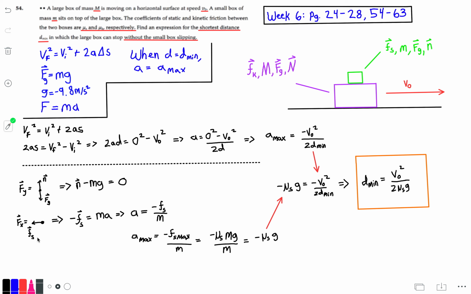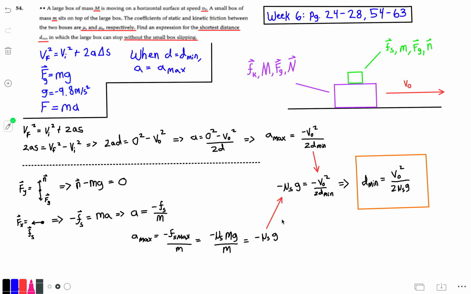In the x direction, we have only the static force of friction acting on the box. We have it in the negative direction, as you can see here, and that's going to be equal to mass times acceleration, Newton's second law. Then we can rearrange this to get this equation.